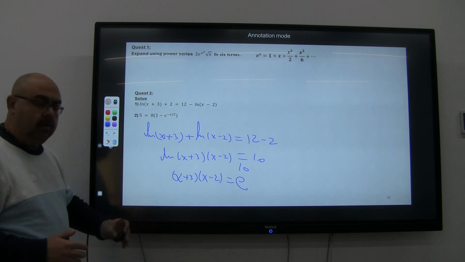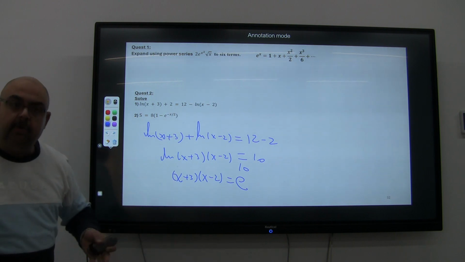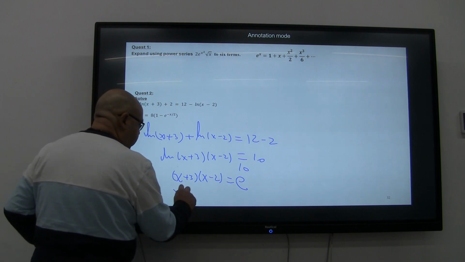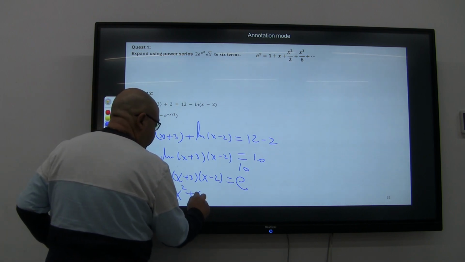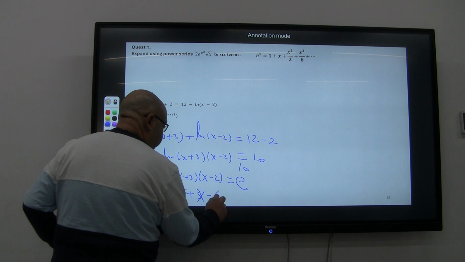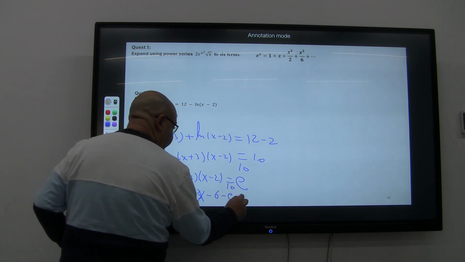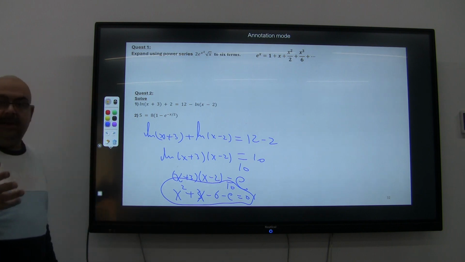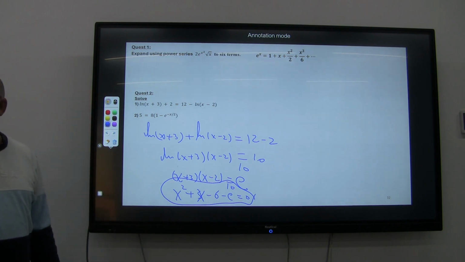Then evaluate this value using a quadratic function. So you will have x squared plus x minus 6 minus e to the power of 10 equals 0. Try to solve this using your calculator or using the law of a quadratic function, which states negative b plus or minus the square root of b squared minus 4ac, over 2a.